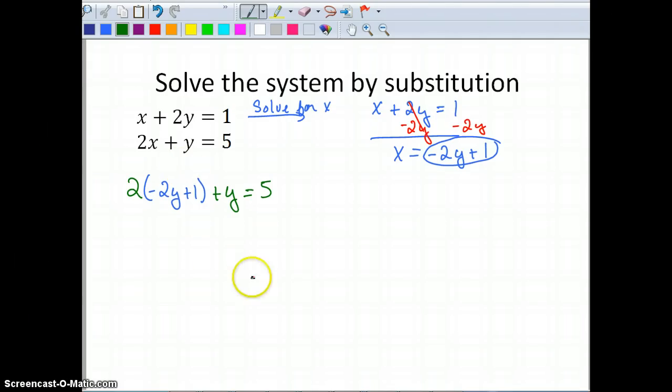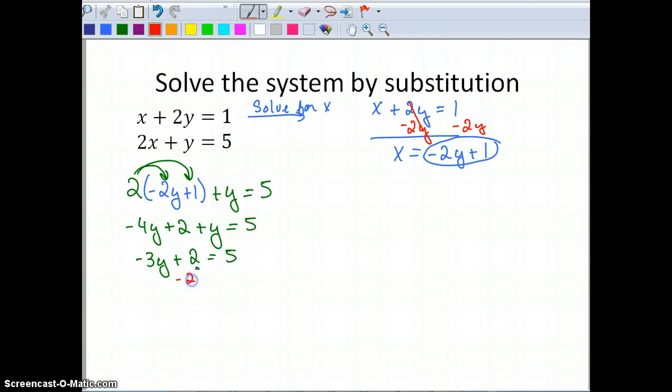So now I'm just going to distribute and go through like I would solve any other equation. So 2 times negative 2y is going to give me negative 4y plus 2 plus y is equal to 5. I'm going to combine my like terms. Negative 4y plus y is going to give me negative 3y plus 2 is equal to 5.